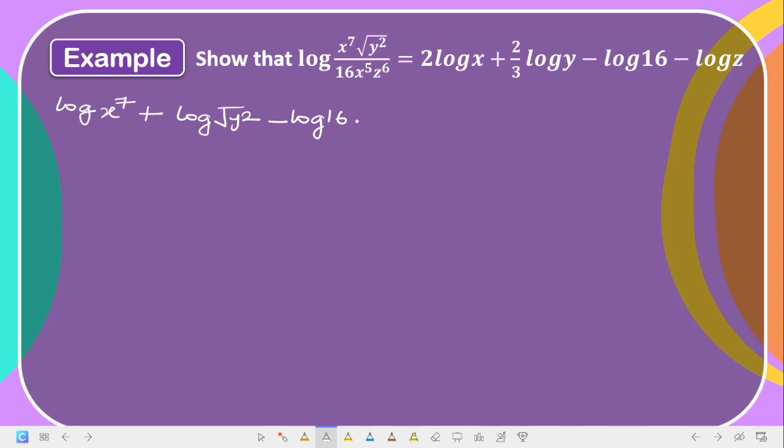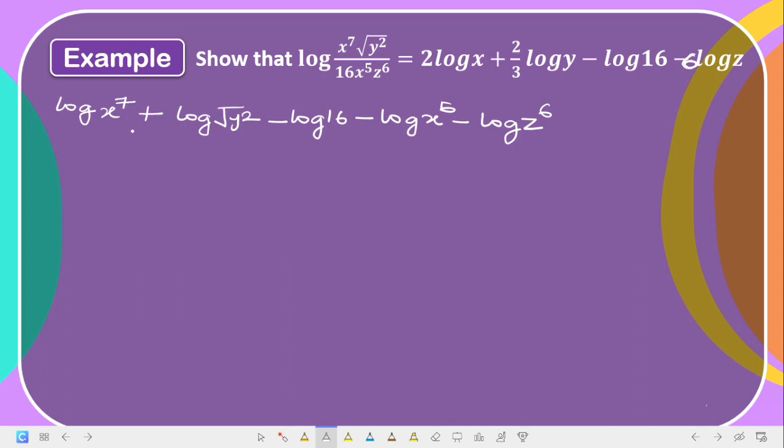Then minus log x to the power of what? 5. Are you getting it now? Then minus log. Then what do we have here? z raised to the power of 6. In the question here, there is 6 here. So let's take note of that.